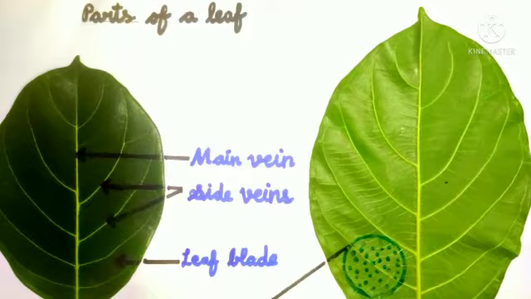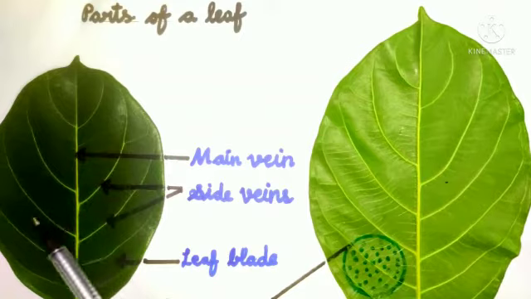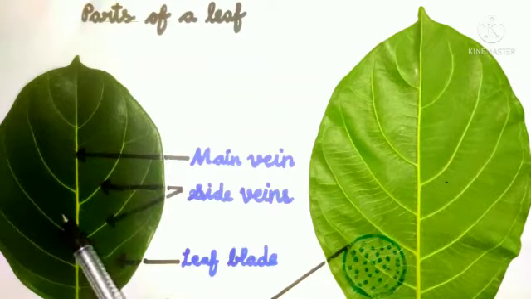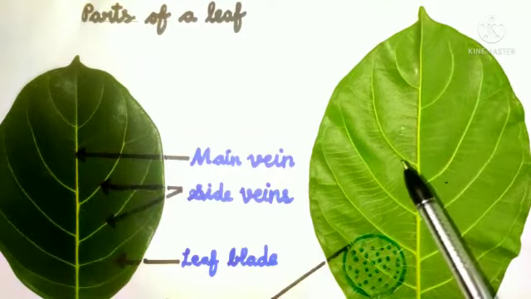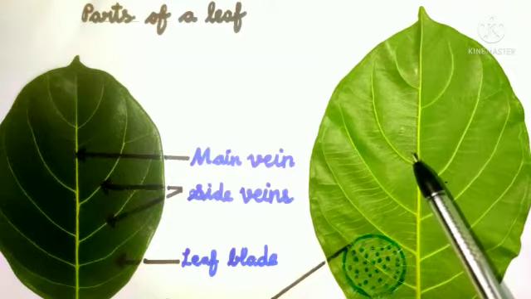So first one is leaf blade. The flat and broad part of a leaf is called leaf blade. If you take a leaf, this is the upper side of a leaf and this is the lower side of the same leaf, right?